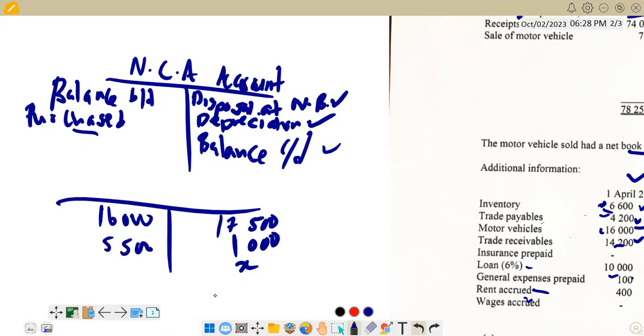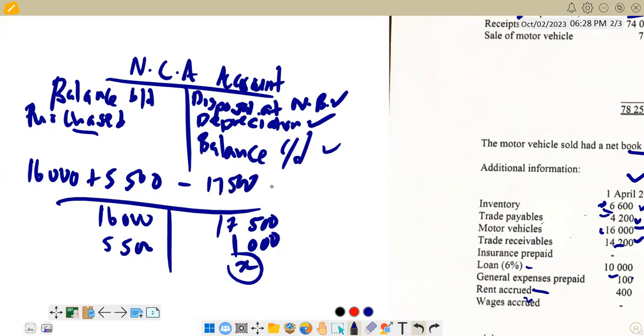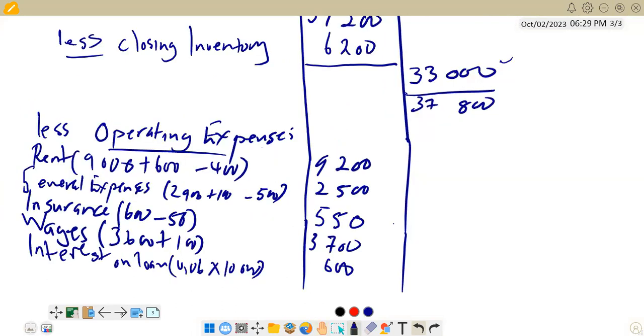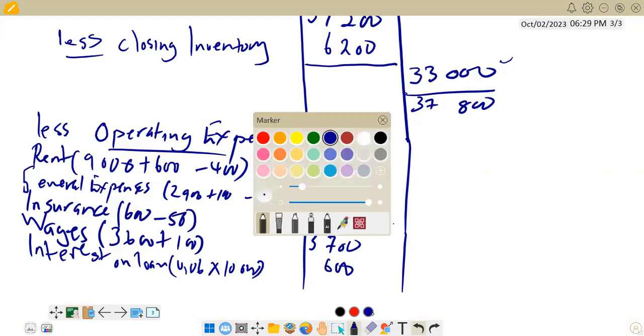5,500. Remember, in the format that I gave you, purchases is here at cost value, which is 5,500. So now to find the balancing figure, we are saying 16,000 plus 5,500. Then we subtract 17,500. Then we subtract 1,000. Basically, this is what we are going to summarize in our working in our income statement for depreciation. So here we are going to say depreciation.